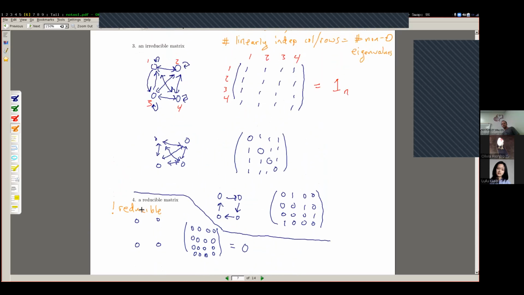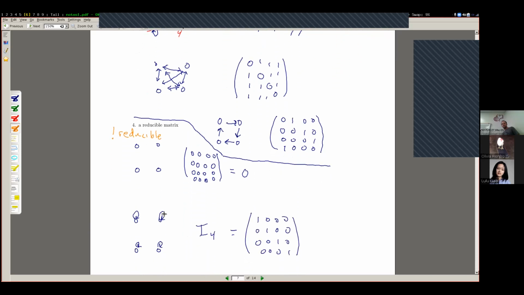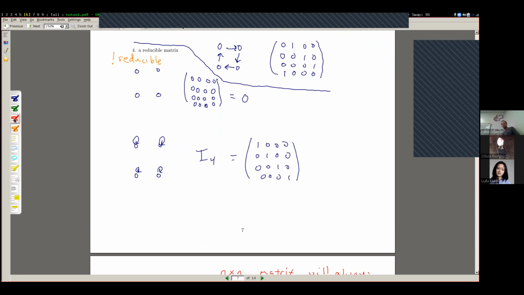So another way of constructing examples is to take a previous example that you have and add something to it. And so the suggestion is, let's take our irreducible matrix, the top example of an irreducible matrix, the fully connected graph.